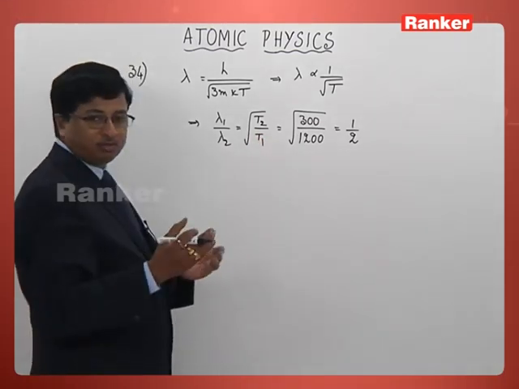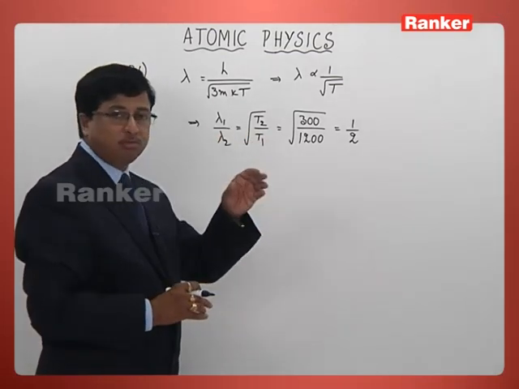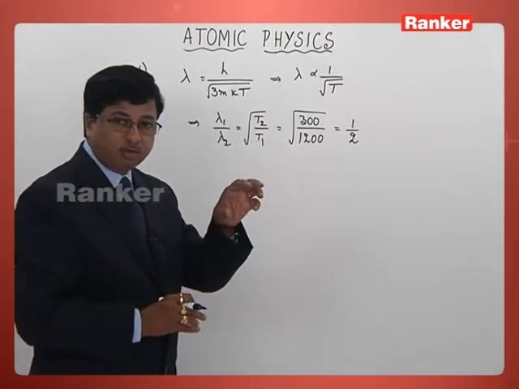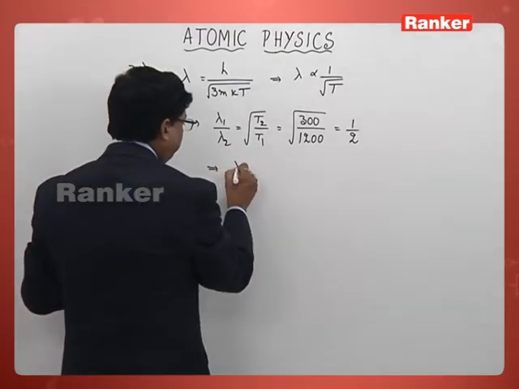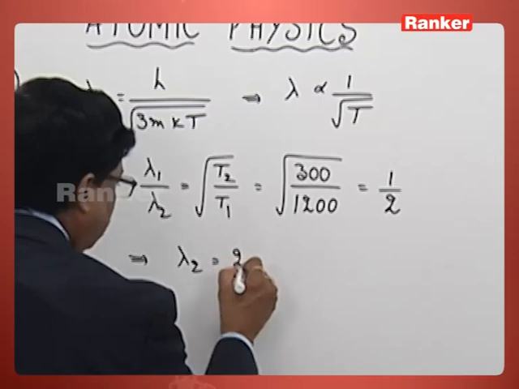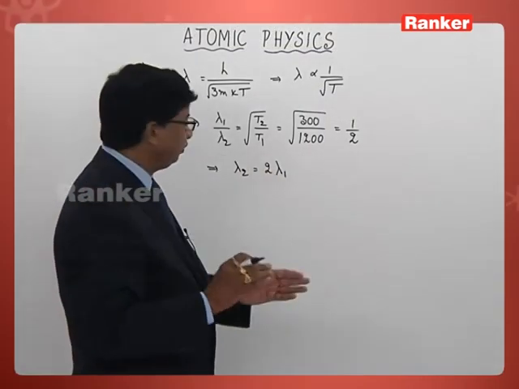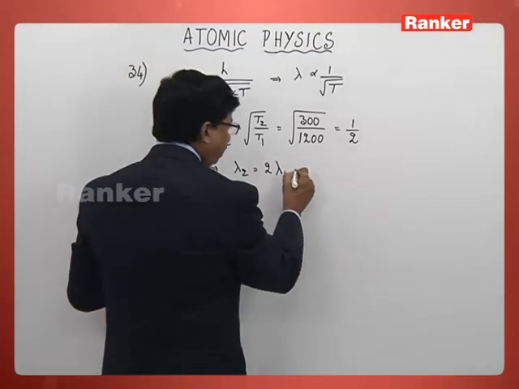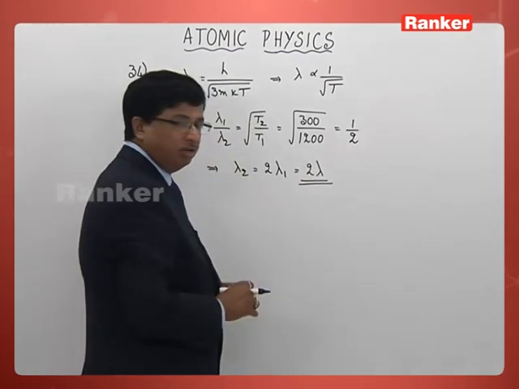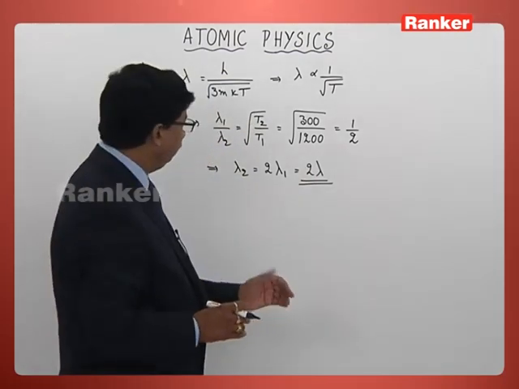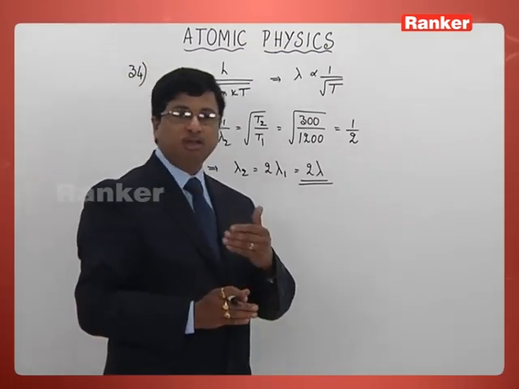Then what is the question he is asking? What is its wavelength at 300 Kelvin, that is 27 degrees centigrade. So we can write lambda 2 is going to be twice lambda 1. But lambda 1 in this problem is already given as lambda. Therefore, this now becomes 2 lambda for us. So the correct answer for this one is 2 lambda, which is the third option mentioned for us.